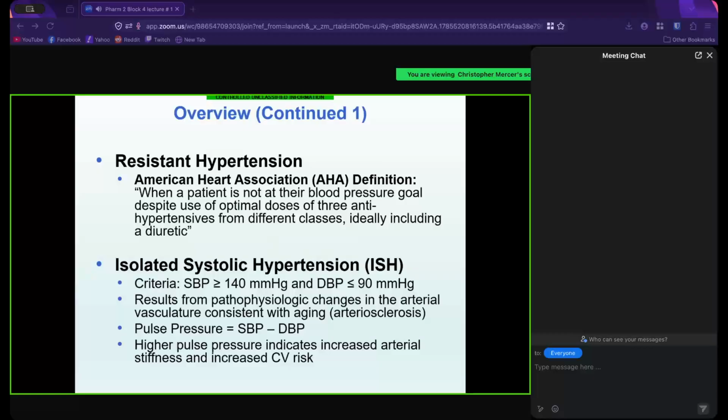So just be aware of the definitions there. Also, there's a note on pulse pressure. Pay attention to it. A wide pulse pressure greater than 60 suggests the same thing, increased arterial stiffness.